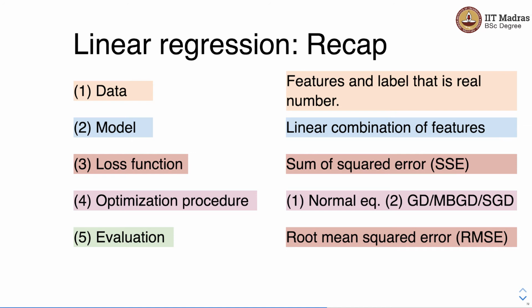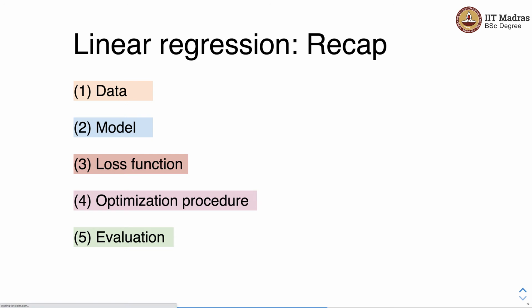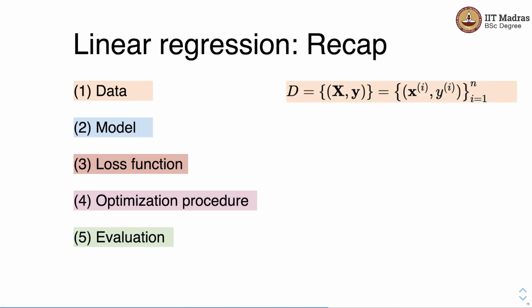Let's translate these English sentences into mathematical forms. So data is represented as D. It is an ordered pair of feature vector and label for every training example, and there are n training examples. The linear regression model uses a linear combination of features to compute the label.